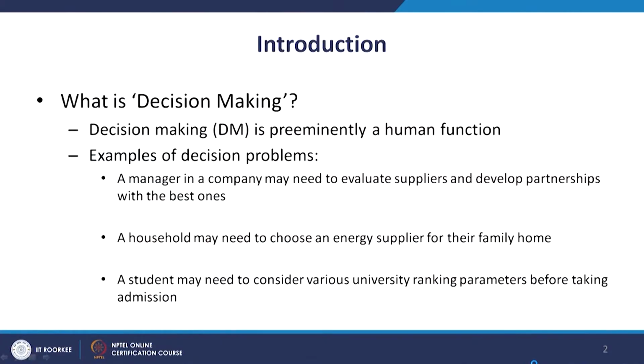Now, let us take another example. Third one: a student may need to consider various university ranking parameters before taking admission into a particular university. When students are looking to take admission in undergraduate, postgraduate and even PhD programs, they would try to take a look at how good the university is, how is the teaching quality there, how is the research there, and what career opportunities are going to be available for the student over there.